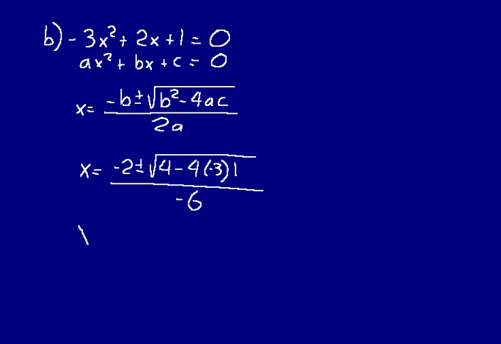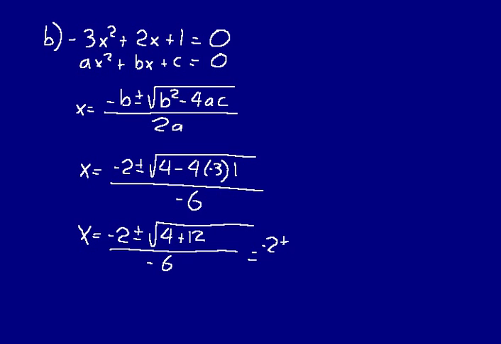Now go ahead and simplify. x is equal to negative 2 plus or minus the square root of 4 plus 12 all over negative 6. And so that's going to equal negative 2 plus or minus the square root of 16, which would just be 4, right? All over negative 6.